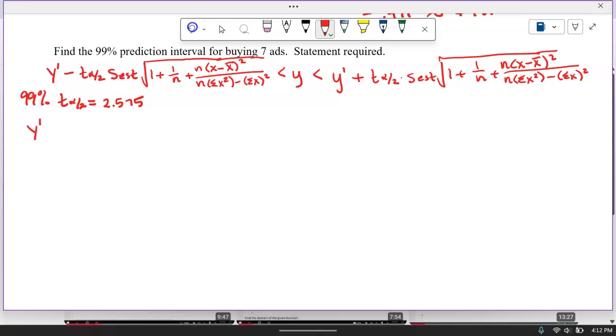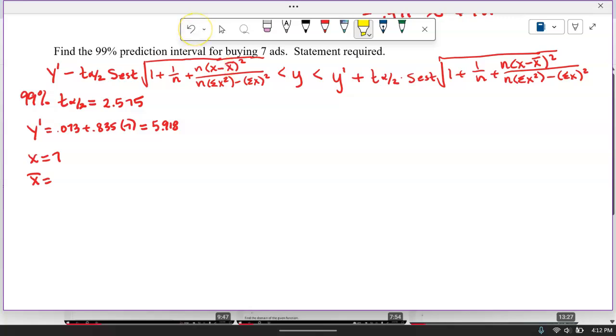The next thing we need is our y prime. Now this is a prediction for 7 ads. So my X is 7, and we actually already calculated that, but I'm going to write it down again because there's no guarantee that you're going to have the same value like we did here for X. It can be a different one when you do a prediction interval. We're also going to need an X bar.